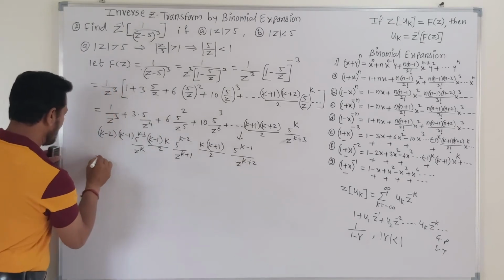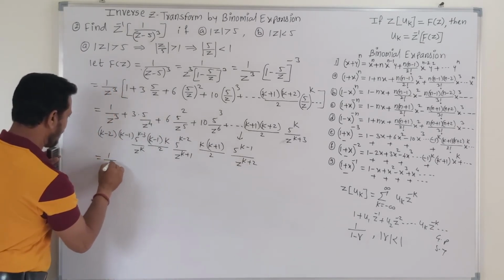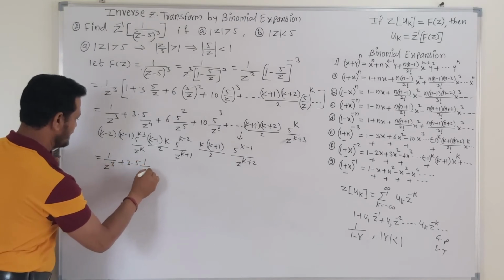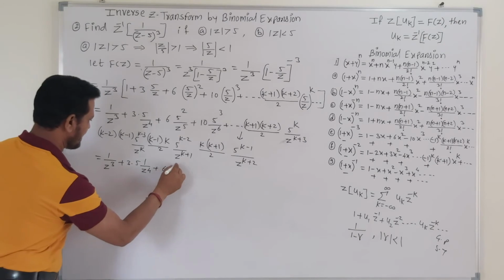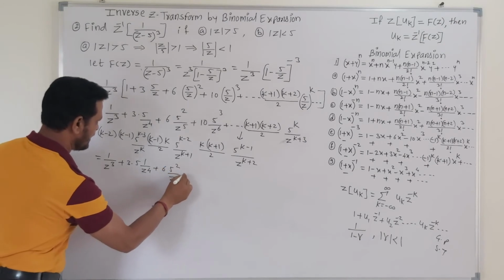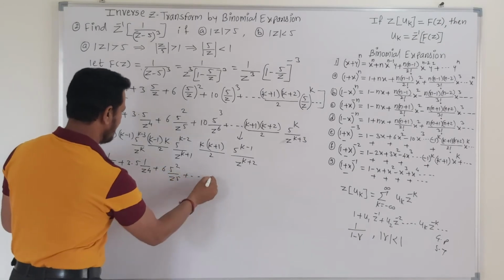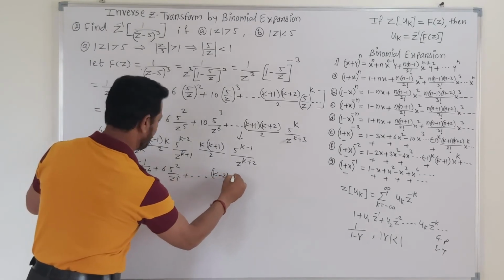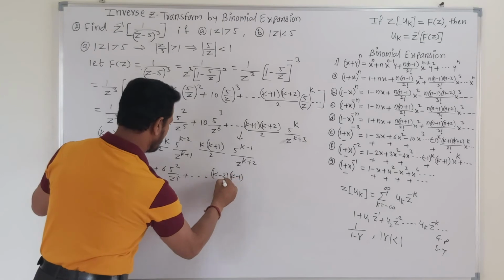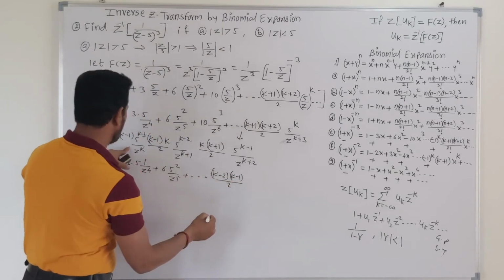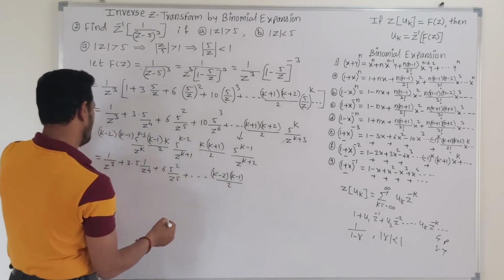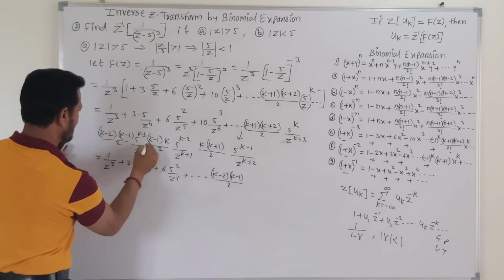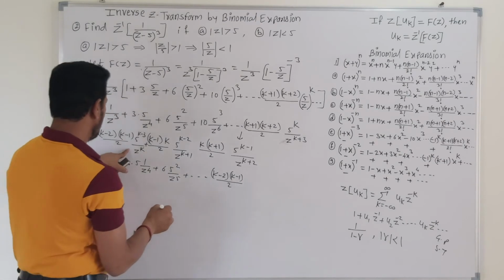So if we try to rewrite this, then we get 1 upon z cube plus 3 into 5 upon z raised to 4 plus 6 into 5 squared upon z raised to 5 and so on. So in general we get k minus 2, then k minus 1 upon 2, here the middle sign is plus.